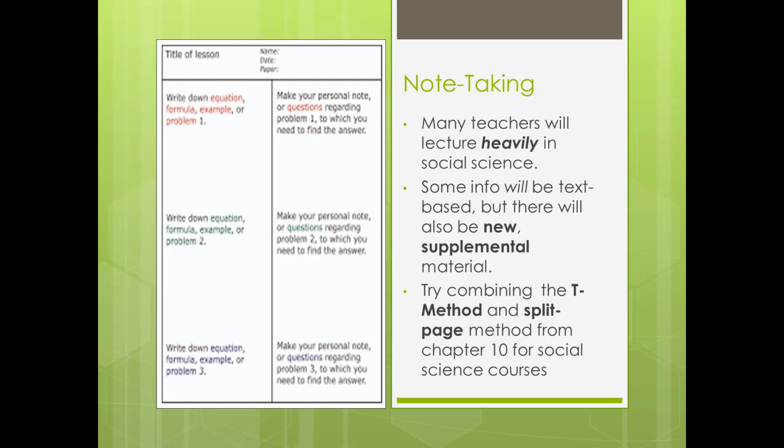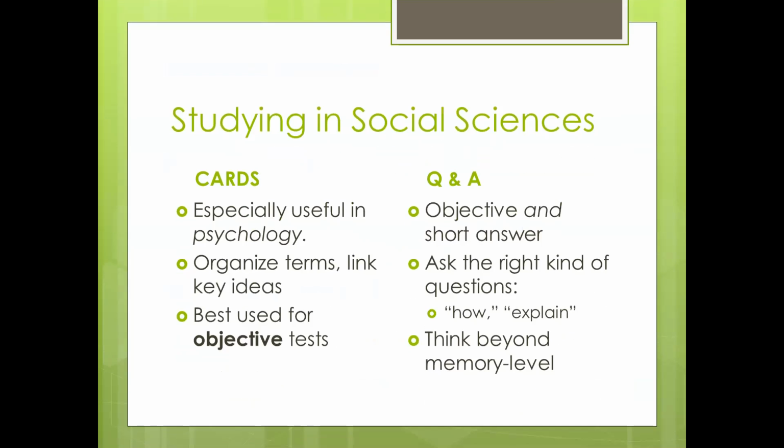If you want to review the specific details of the T method or the split page or parallel note method, you can go back to chapter 10 or the chapter 10 PowerPoint and review some ideas related to that. Okay, now that you've got the idea, how do you study in the social sciences?